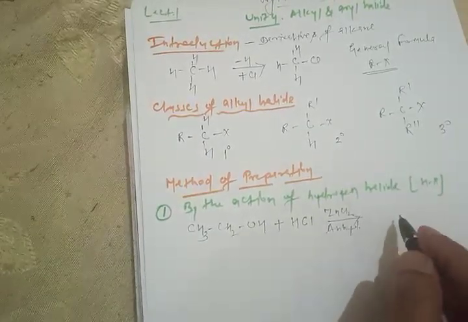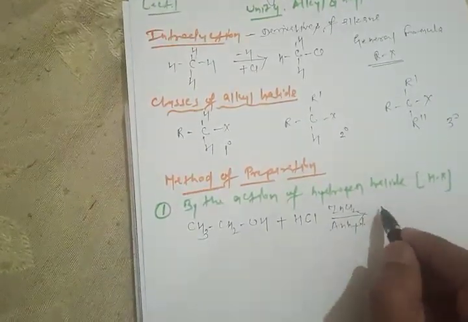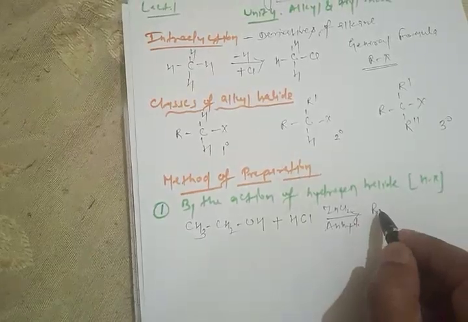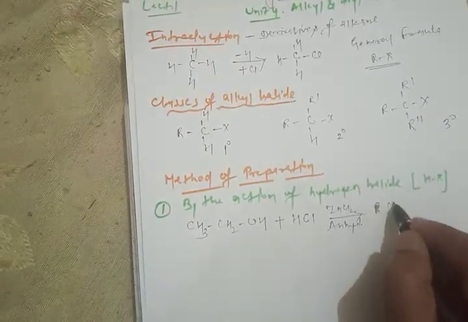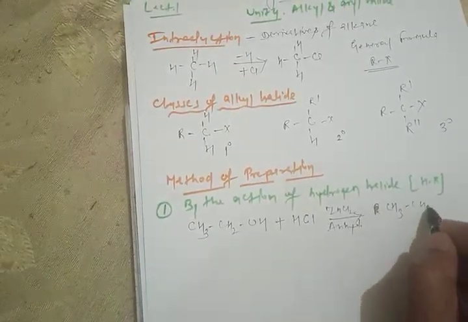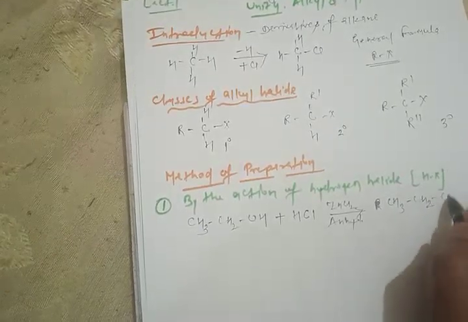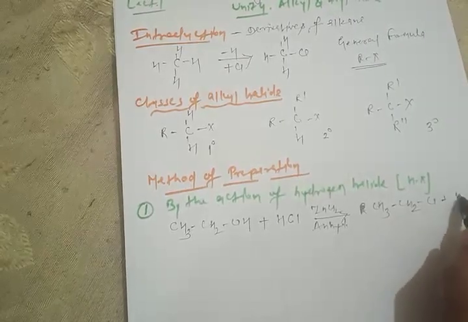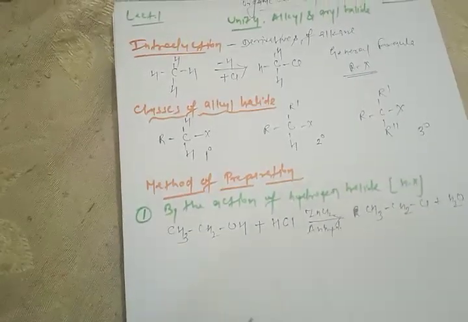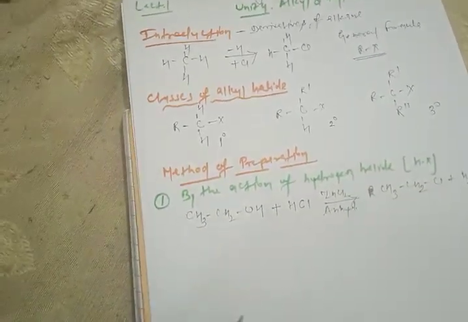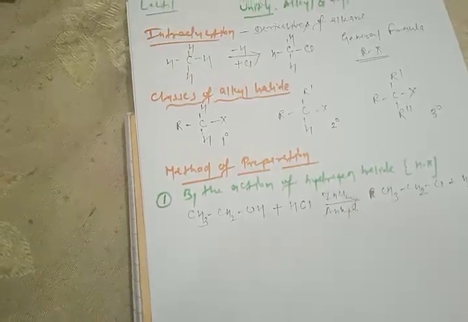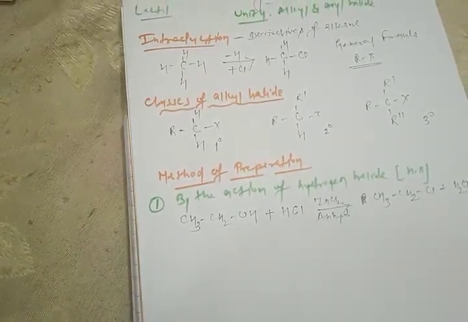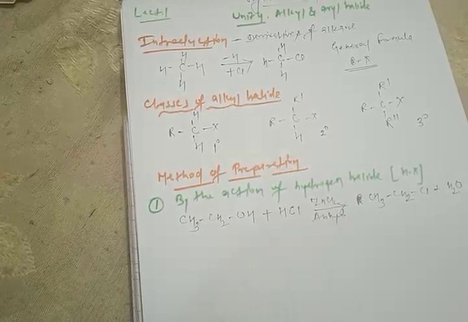This will give a very simple reaction, CH3CH2Cl. The alcohol OH group will be replaced and water will be released. So this is a very simple method of preparation by the action of hydrogen halide.